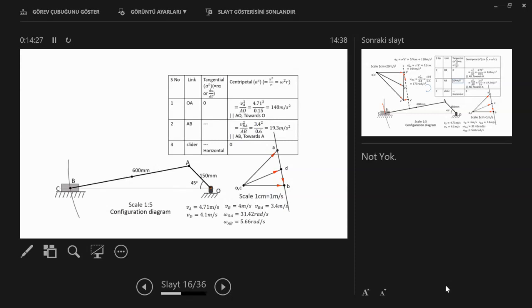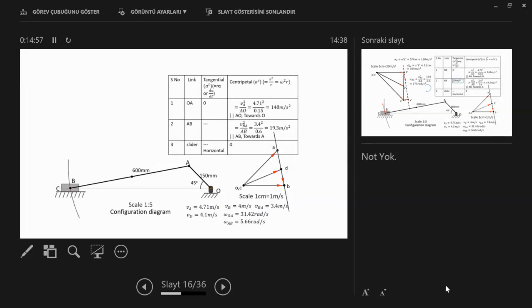This must be along AB. But we don't know the magnitude. Talking about the tangential component, it must be perpendicular to AB, like this, and therefore we know the direction.